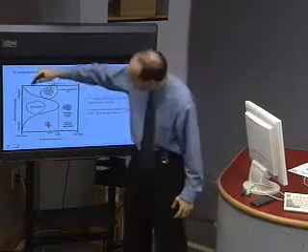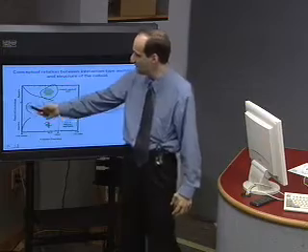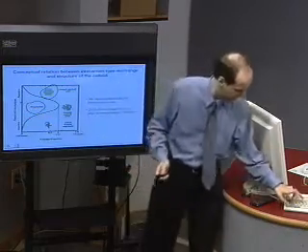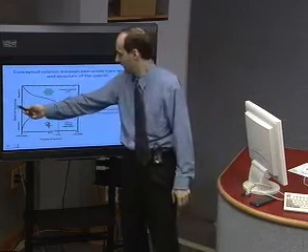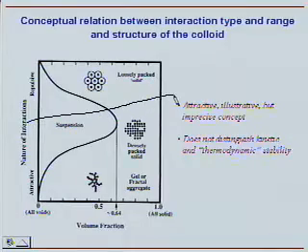Then you decrease the interaction a little bit so the particles don't repel each other as strongly. Let's say you're somewhere here. What this tells you is that you have a relatively large region where the particles can be suspended, where they can freely move around without forming some type of structure. So you're going to have just this milky suspension, for example, or whatever type.